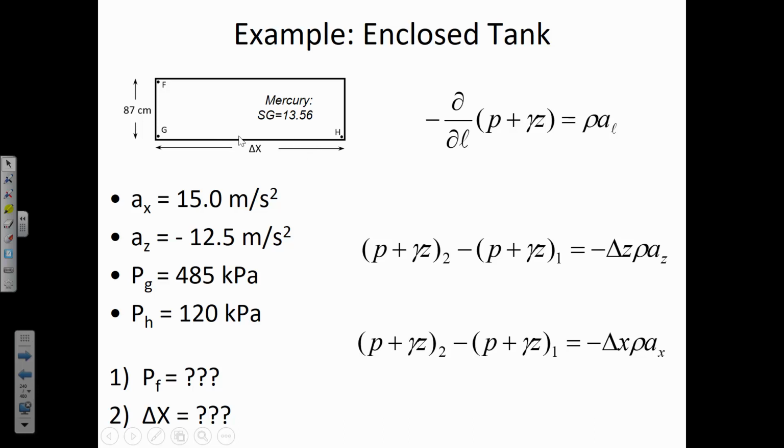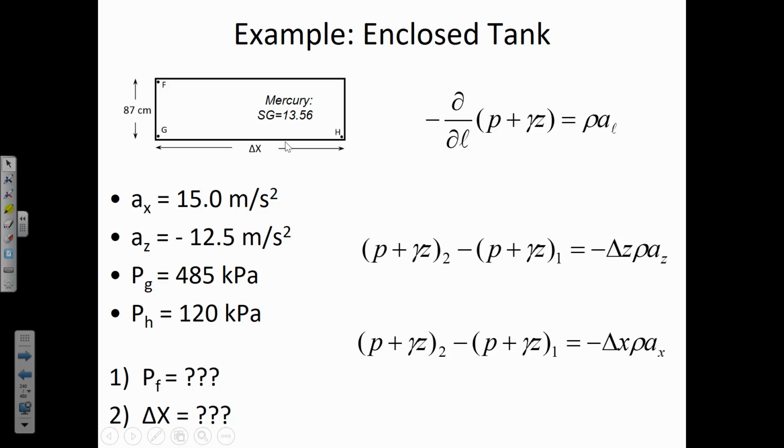The measured pressure at G is 485 kilopascals, and the measured pressure at H is 120 kilopascals. Now wait a minute. We have to make sure that those differences in pressure match what we'd expect based on the acceleration. So look at the acceleration in the x direction. Does the pressure at G versus H make intuitive sense based on the acceleration that's given?